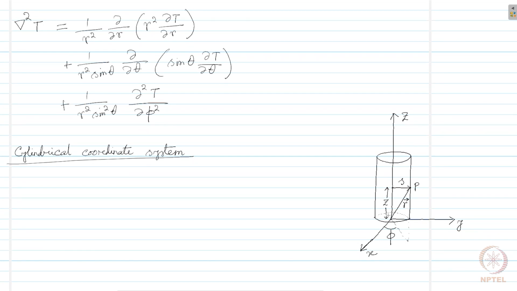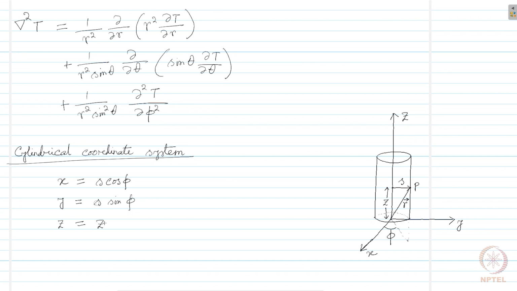So, we have x equals s cosine of phi, y equals s sine phi, and z equals z.